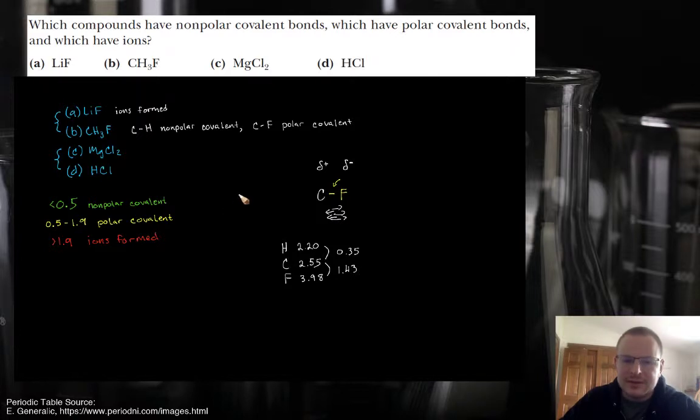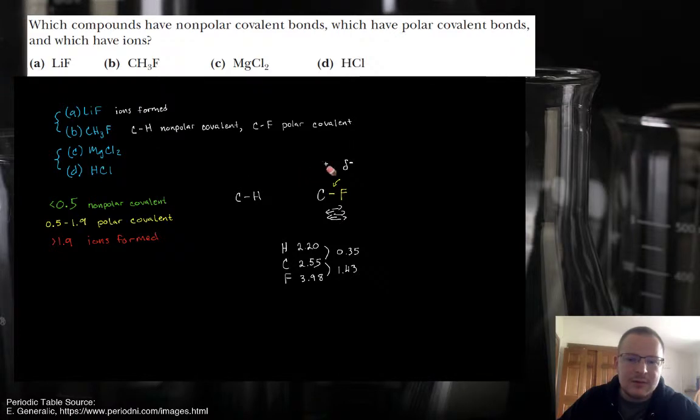But then when we look at the carbon-hydrogen bond, the electronegativity difference isn't all that much. Yes, I guess you could say that carbon is going to be sucking more of the electrons than hydrogen, but it's not enough for us to actually consider it to be polar, and so we don't.